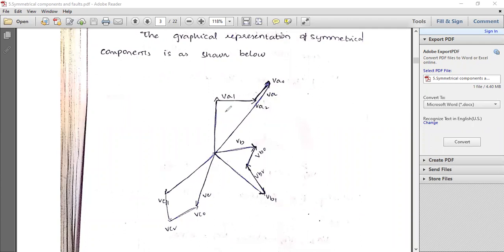Now you see here VA1, VB1 and VC1, and VA2, VB2, VC2, and VA0, VB0, VC0. All these components get connected. So finally VA, VB, VC are unbalanced phasors.